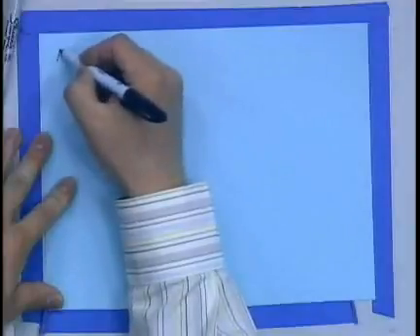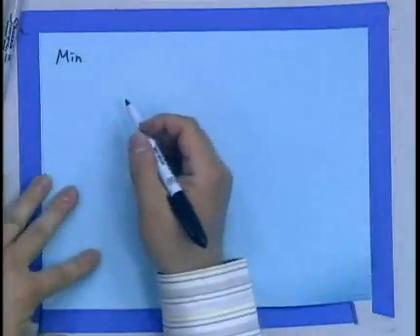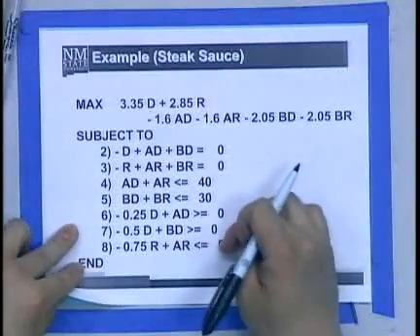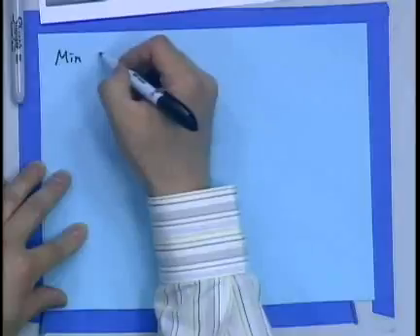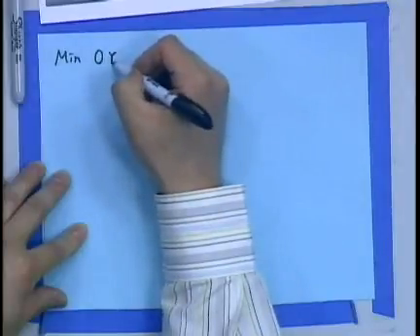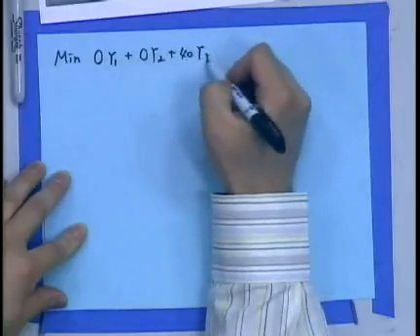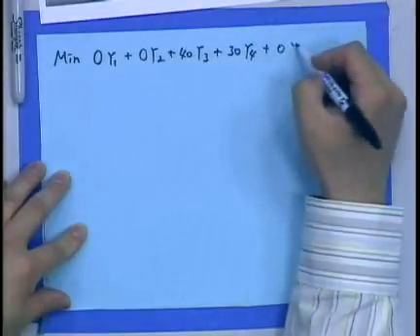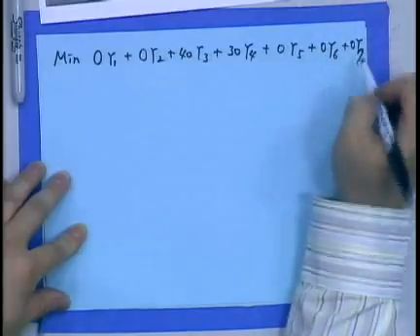So if I use y variables as the dual decision variables, the right-hand side values in the primal problem become the objective coefficients in the dual problem, right? So it's going to be 0 y1, 0 y2, 40 y3, 30 y4, 0 y5, y6, y7, right?